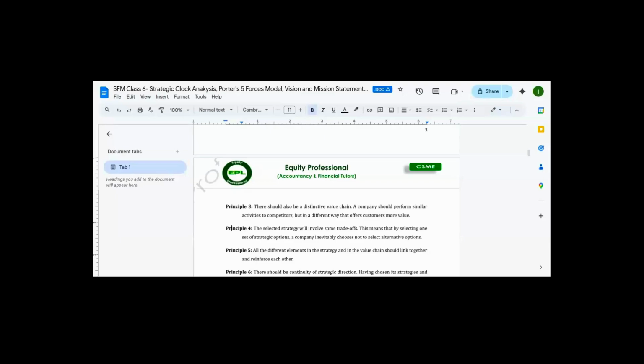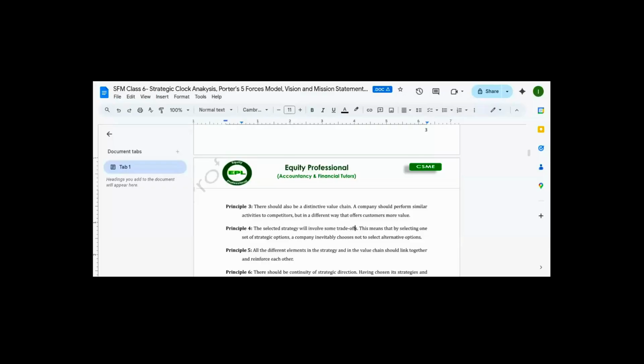In principle 4, Porter advised that the selected strategy will involve some trade-off. What we call a trade-off is that it is not compulsory that we use 10, 15, 20 strategies.